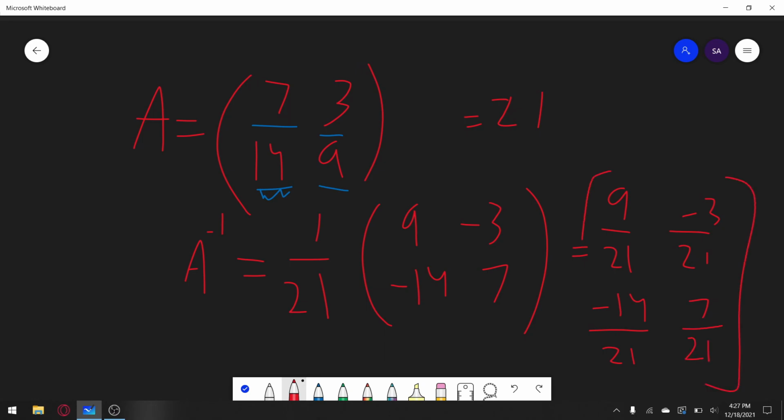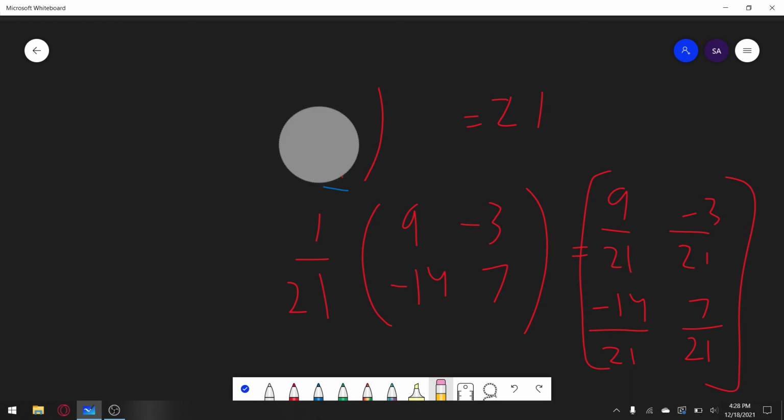Now I would further simplify this, but I just don't have space, and it's pretty much how it is. That's how you find the inverse of a matrix, and that is pretty much all you need to know for O-level matrices.